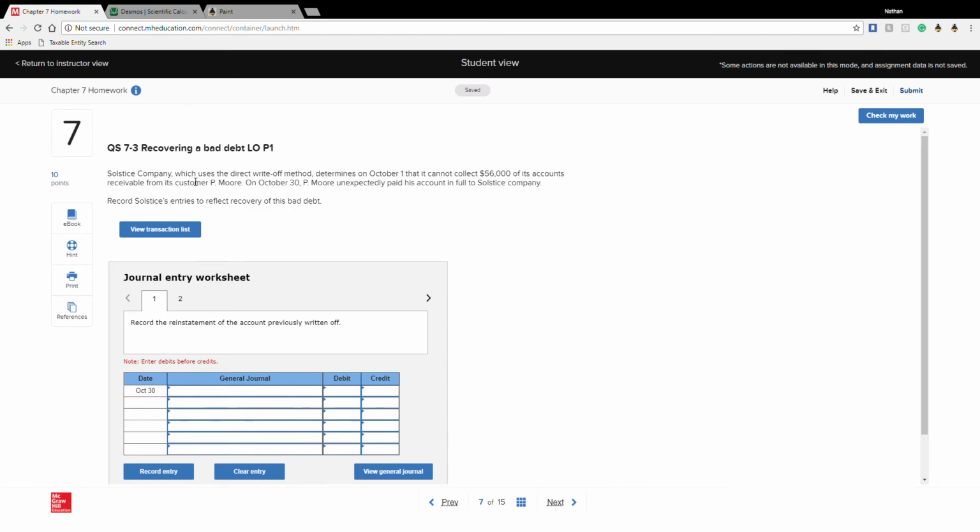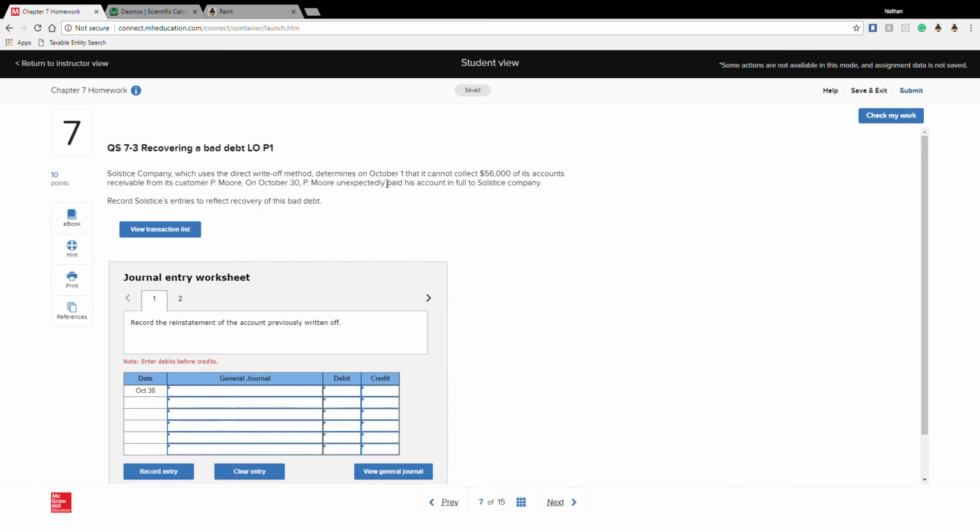But it did determine that on October 1st that it could not collect $56,000 in receivable from P. Moore. On October 30th, P. Moore decides to somehow pay his account. Again, he probably won the lotto. If he did, hopefully he shares the wealth more to us too. But so we now have to reinstate the account.